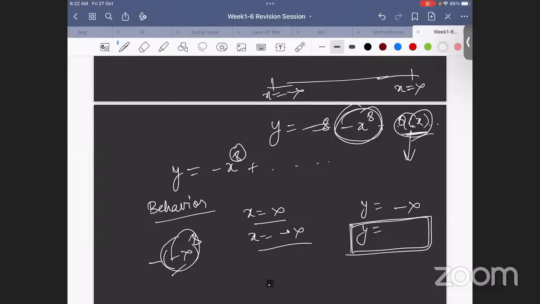So an even degree will always give you infinity whether you put infinity or minus infinity, and then the coefficient sign decides the behavior of the function. Here it is minus infinity.